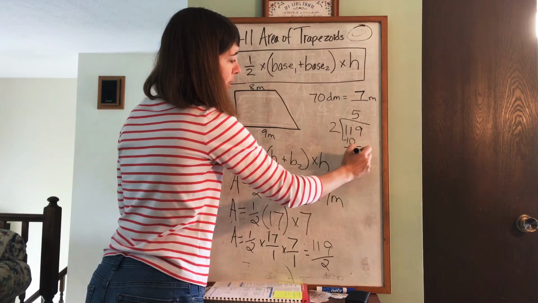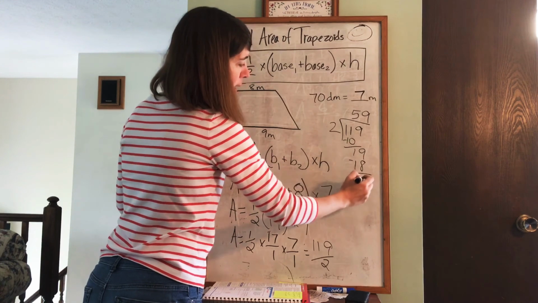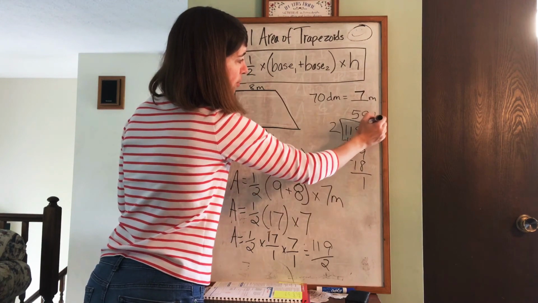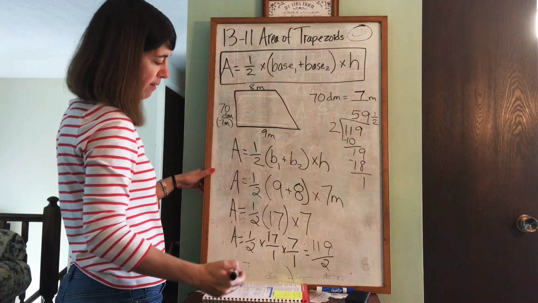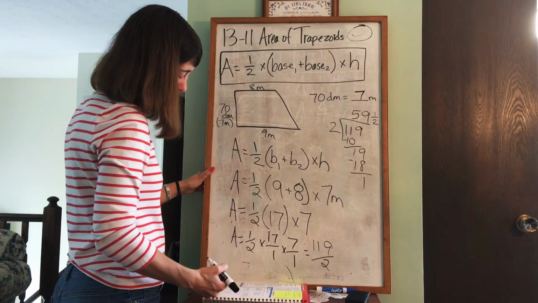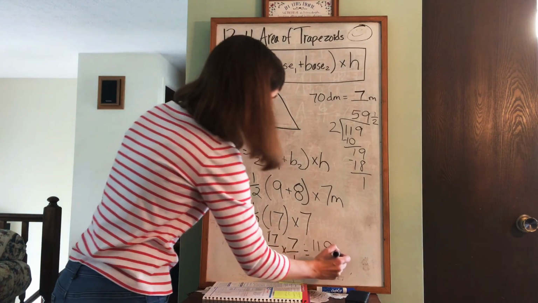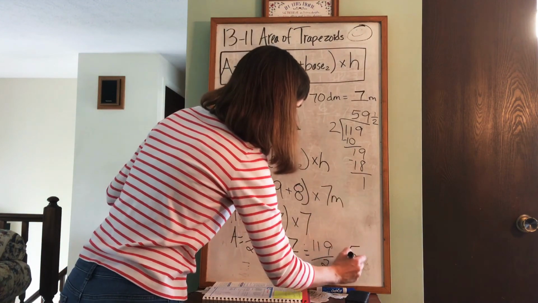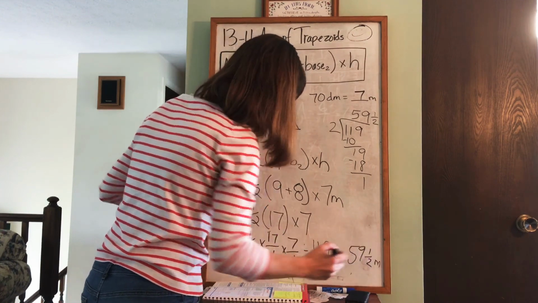Subtract and get 1, bring down your 9. 9 is 18, and that leaves 1, and so it's going to be 59 1/2, or 59.5 as they have it as the answer at the bottom of page 468. But I'm just going to go ahead and put 59 1/2, and again, that was meters.